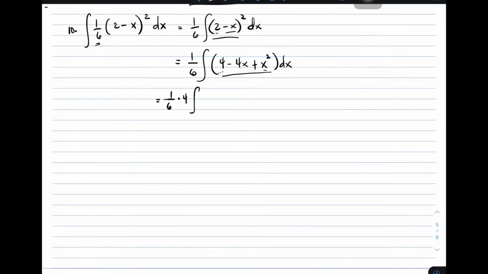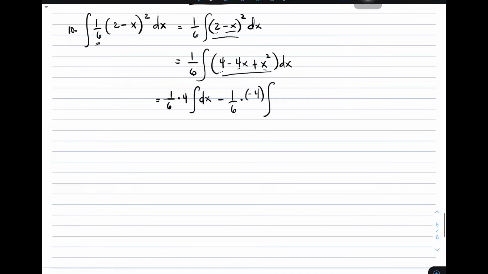And then the integral of dx minus 1 over 6 times negative 4, kasi negative yung 4 na second term, the integral of x dx. So, inunti-unti ko na. Meron tayong tatlong terms. And then, sa third term naman natin, we have here plus 1 over 6, the integral of x squared dx.